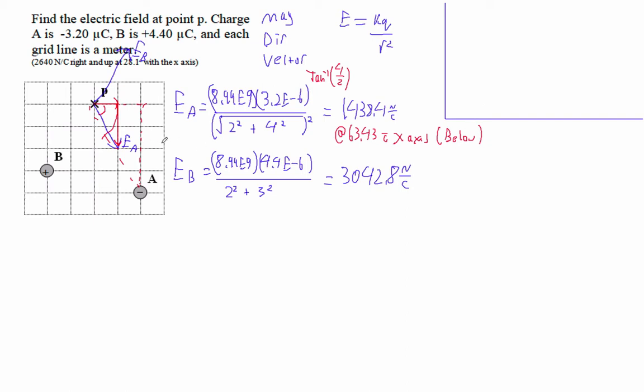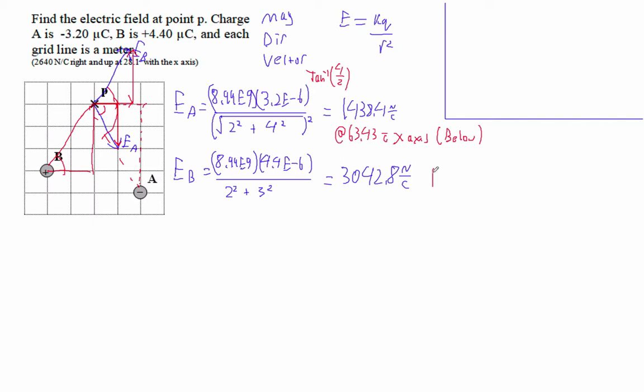And then let's figure out the components of B. So B's components look like this, right? That angle is, of course, the same as this angle right here, right? Because they're what, alternate interior, exterior? I don't even know, but that's like a thing. All right, so this angle right here is the inverse tan of 3 over 2.